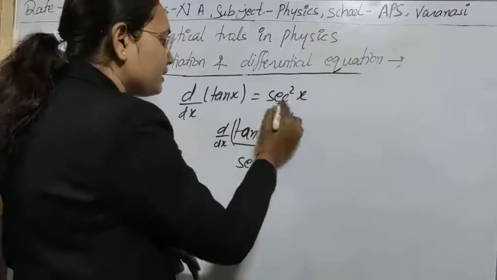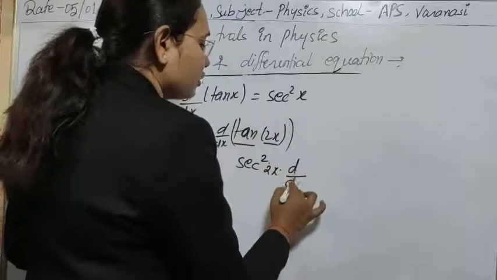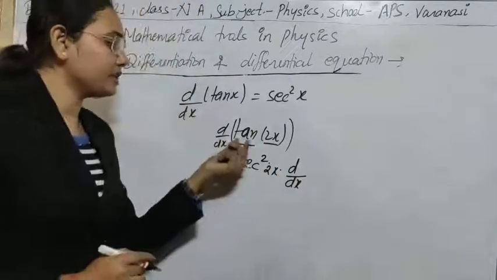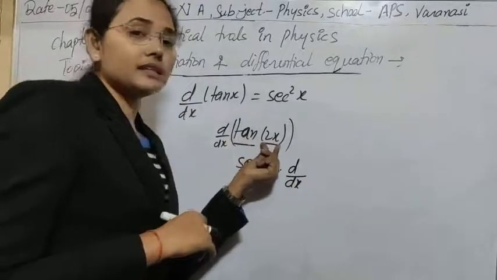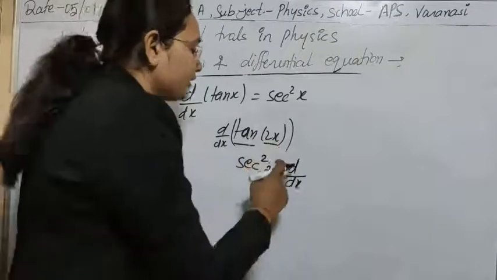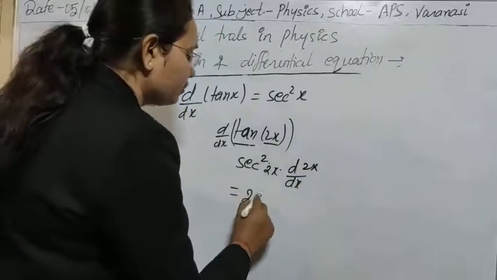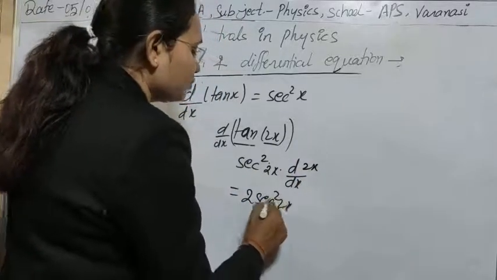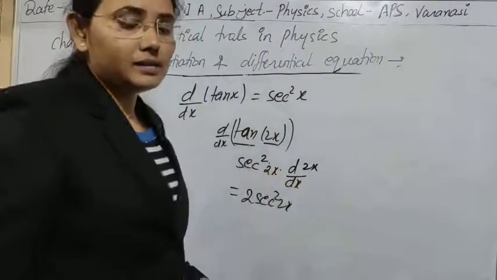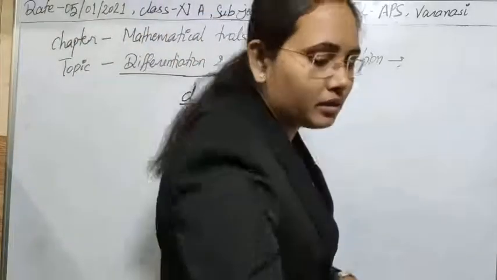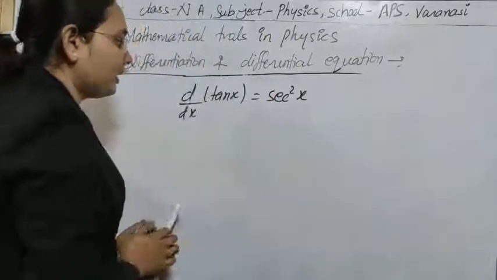The differentiation of 2x is equal to 2. So finally you get 2 sec square 2x. This is the differentiation of tan 2x. So now there is no confusion, students, about how to differentiate it. Just see the formula and use it.